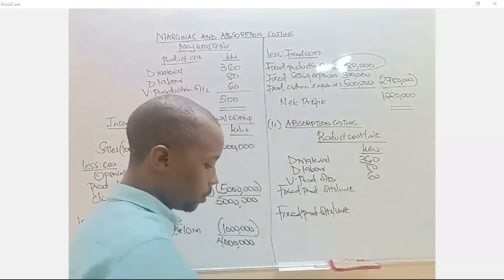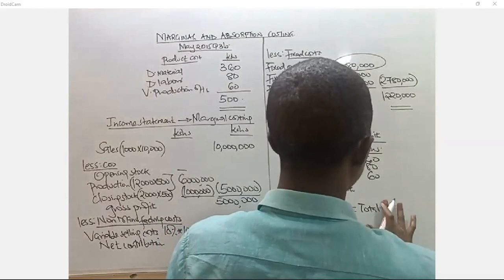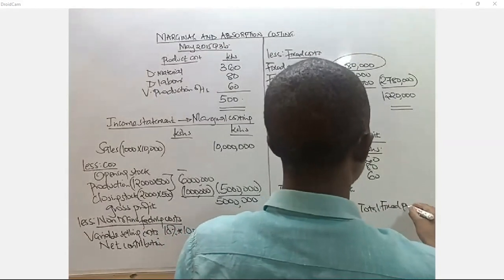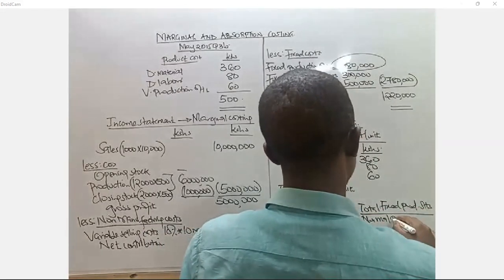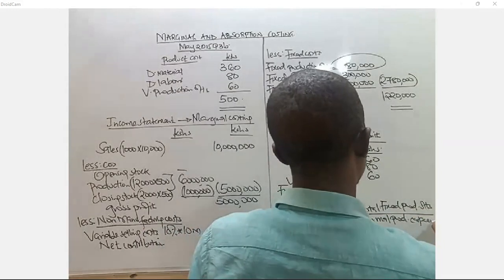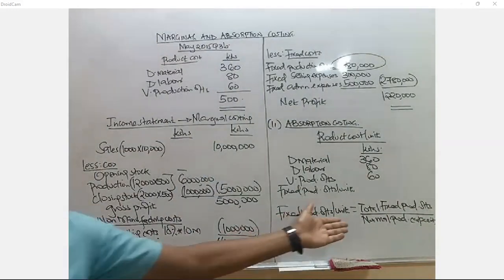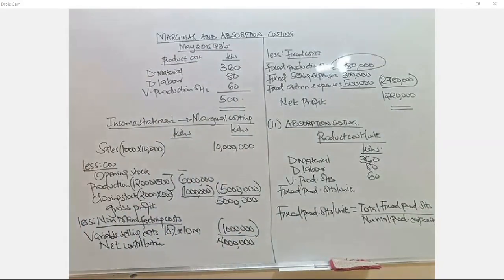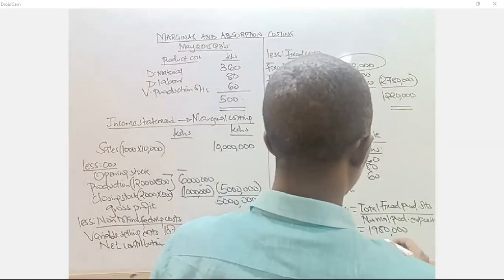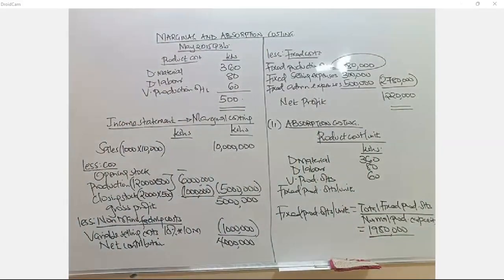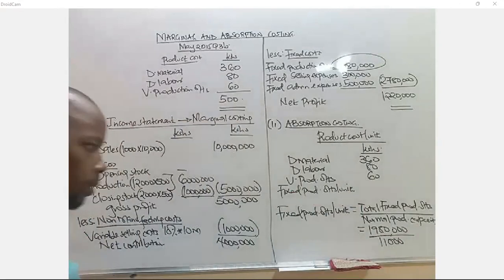I always take the total fixed production overheads and divide by the normal production capacity. The total given by the examiner is 1.98 million. Then you divide by the normal production capacity, which is given as 11,000.